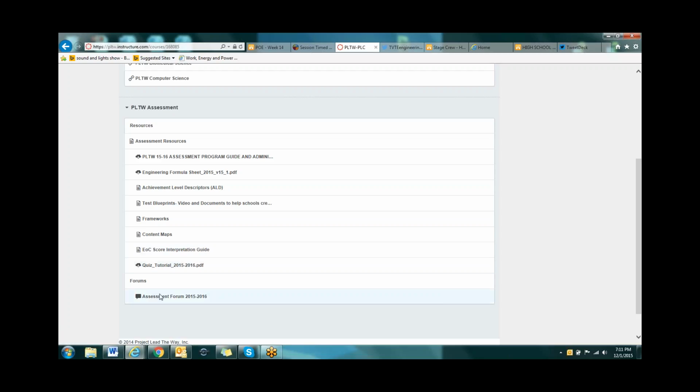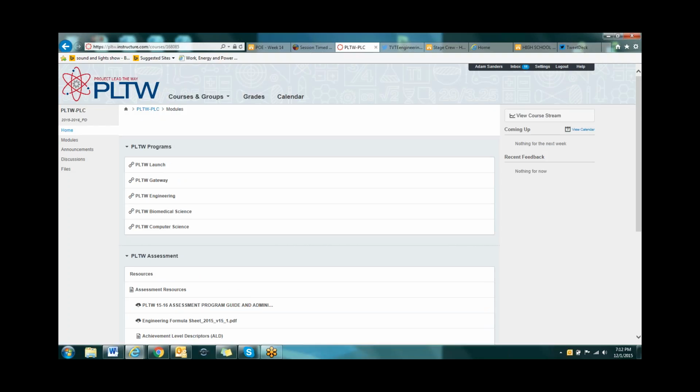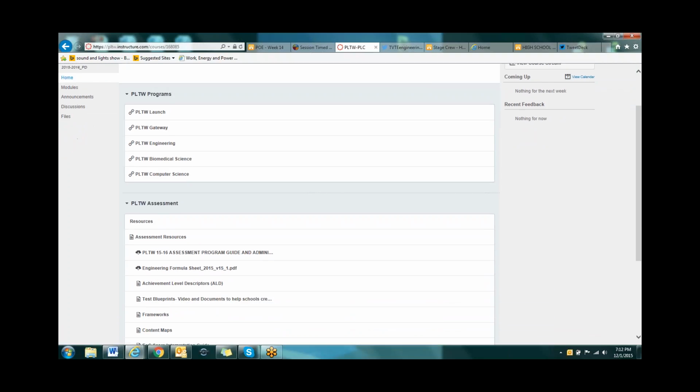There is a forum down there to post questions too that you can access to help yourself out if you need to, or you can always email us and we can answer your question hopefully. In there also, somebody asked about the dates of the testing, and there is a calendar of dates of when you could. Someone, I don't know if it's you or a district person, needs to register your kids into the test-taking program.